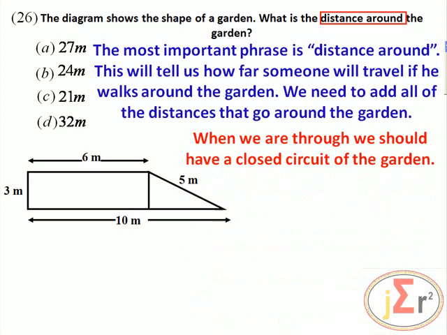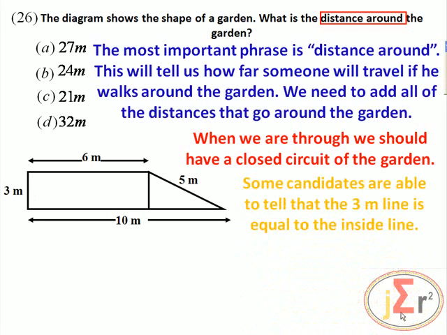When we are through, we should have a closed circuit of the garden. That means we are going all the way. Say we start here, we go all the way around and we end there. Some candidates are able to tell that the 3-meter line is equal to the inside line. So we have this 3-meter line right here, and some candidates will be able to tell that this is the same.